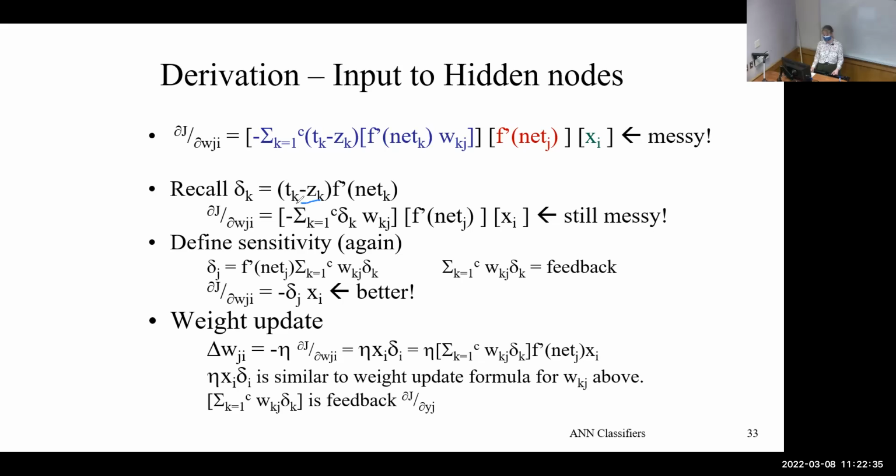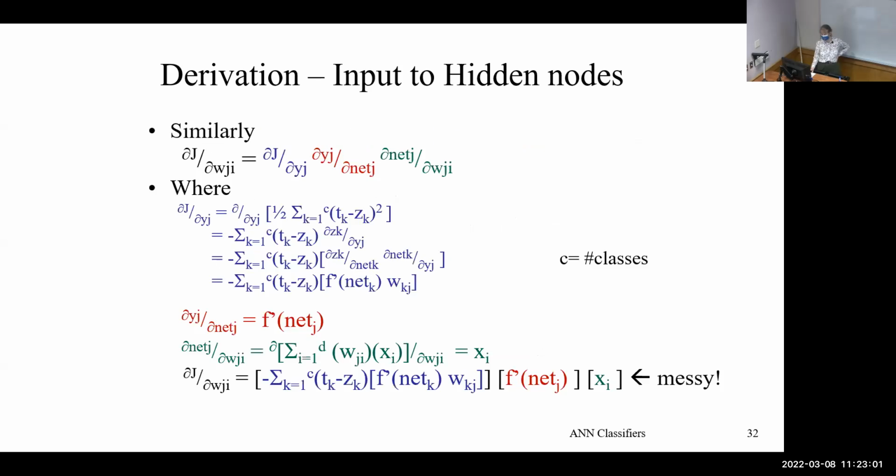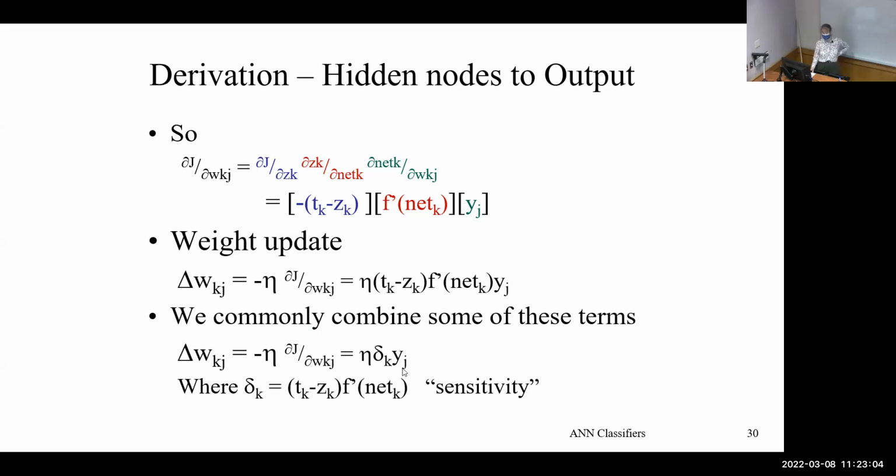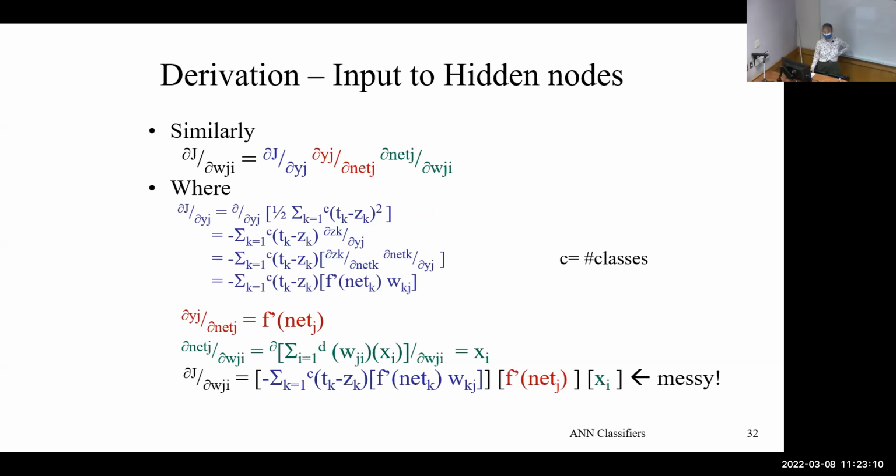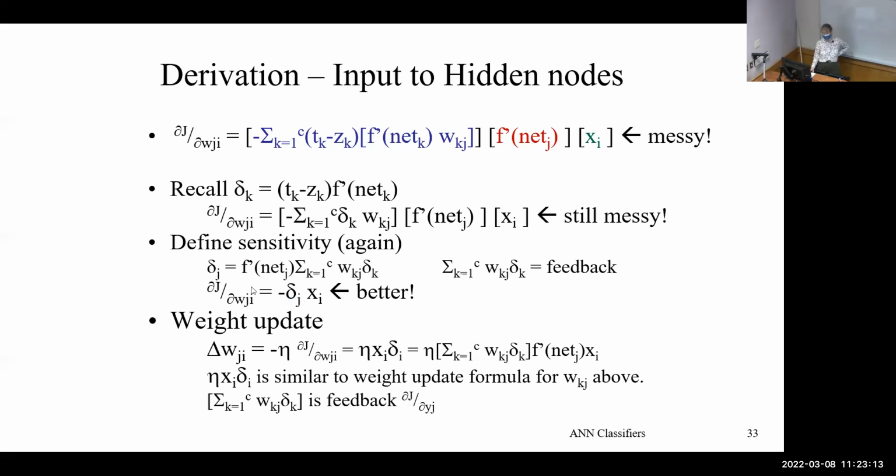So we're going to take all of these pieces and define that to be delta J. And that's a lot easier, a lot prettier. And the nice thing is it now mirrors what we had before in our outer layer. We like to see the same thing over and over again.